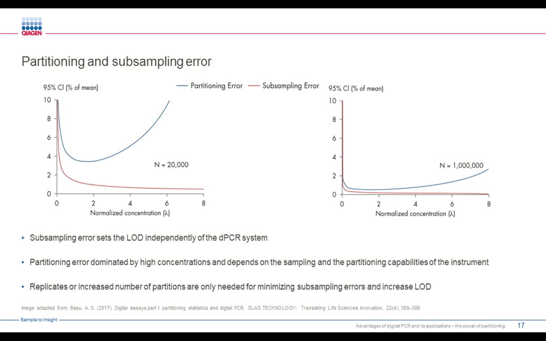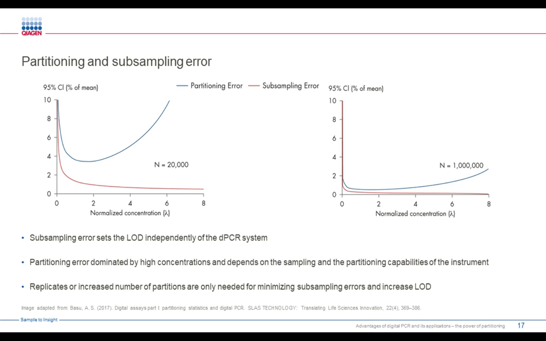It's very low because we have a lot of partitions, so we can load a lot. We can have a very abundant target without saturating the system. But if we keep loading, we will eventually saturate even the 1 million partitions. So the partitioning error is limited by the number of partitions that we can actually use.